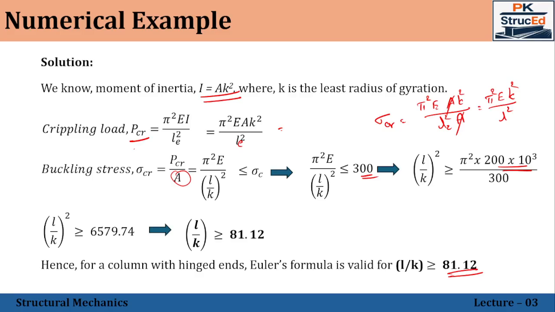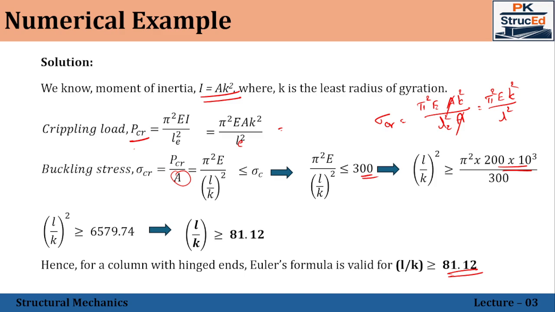If the slenderness ratio is high, Euler's theory is applicable, whereas if the slenderness ratio is low, crushing or inelastic buckling will dominate. Here we use the radius of gyration, so buckling depends on the least radius of gyration and the weak axis of bending. A column always buckles about the axis with minimum stiffness.